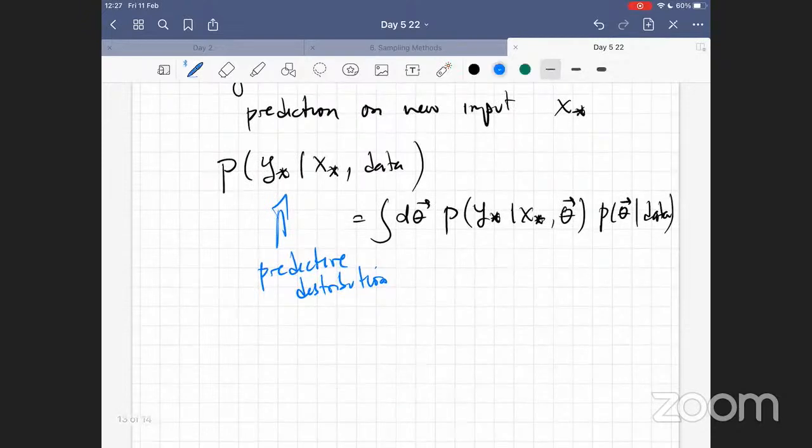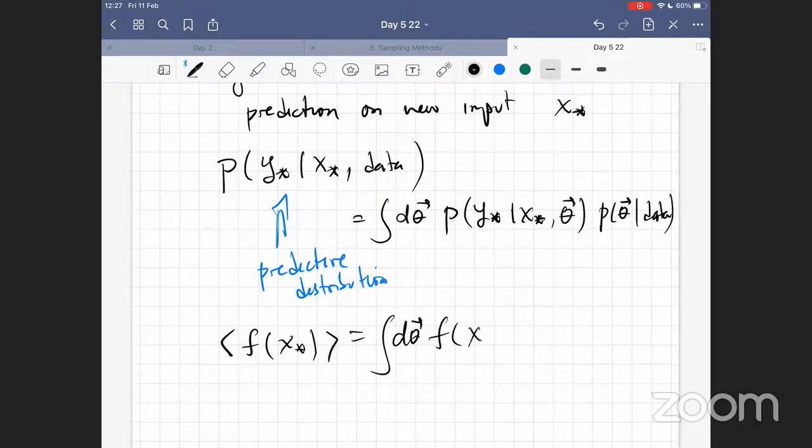And then, I mean, this is equivalent to saying, okay, I want to get the expected value of a function of the new input. And this expected value is given by the integral over this function weighted by the posterior probability.